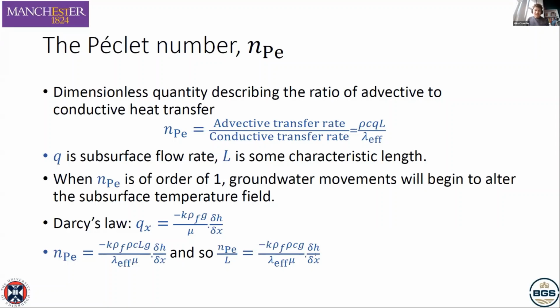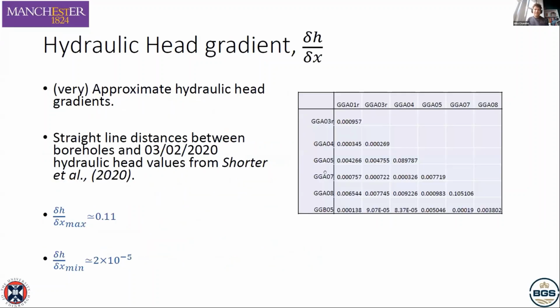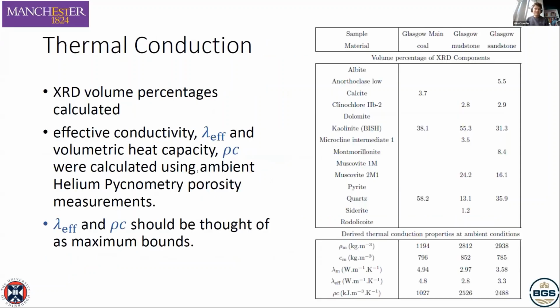So just to quickly explain where I pulled some of these constants from, I've taken a very approximate hydraulic head gradient just from the distances between the boreholes and the ambient hydraulic head that was measured on this date and was published in this paper. And I've taken thermal conductivity and volumetric heat capacity values just by calculating the geometric means from XRD volume components.